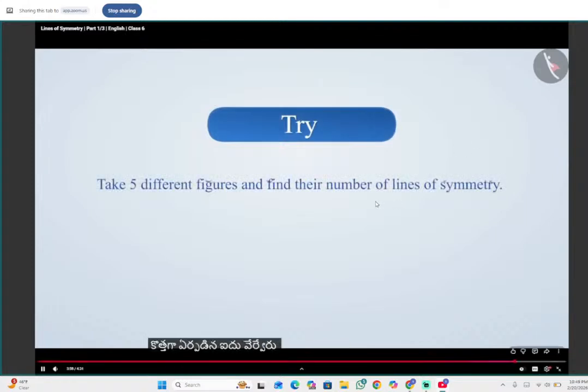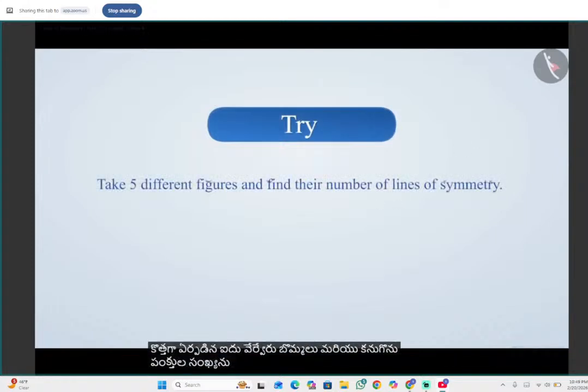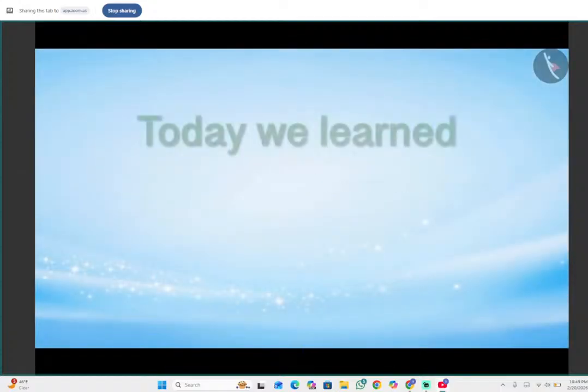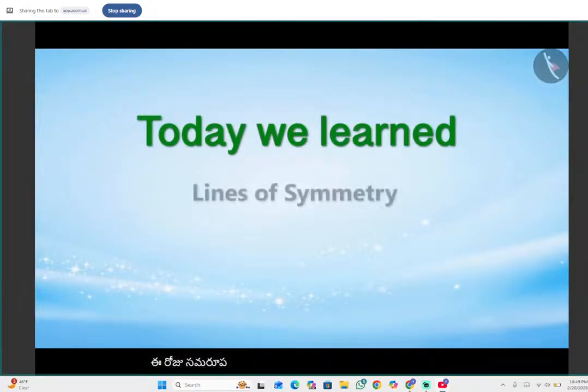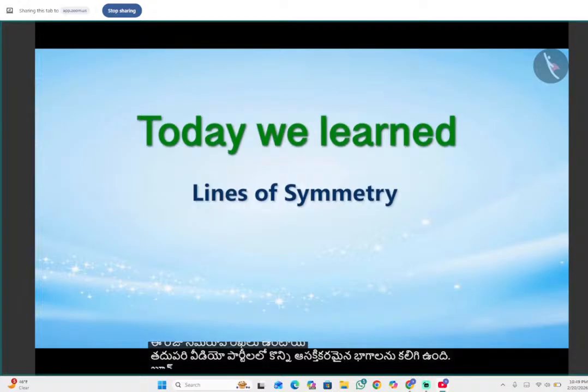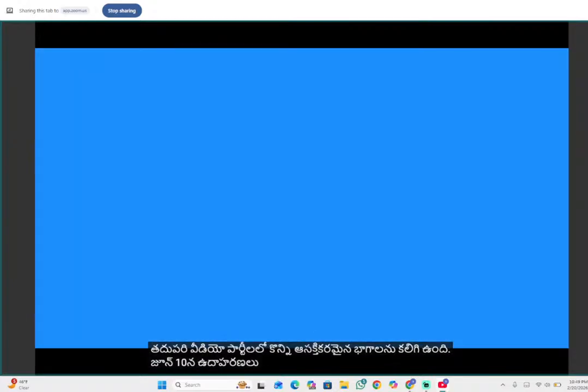Now take 5 different figures and find out the number of lines of symmetry in them. Today we learned lines of symmetry. In the next video, we will look at some interesting examples based on this.